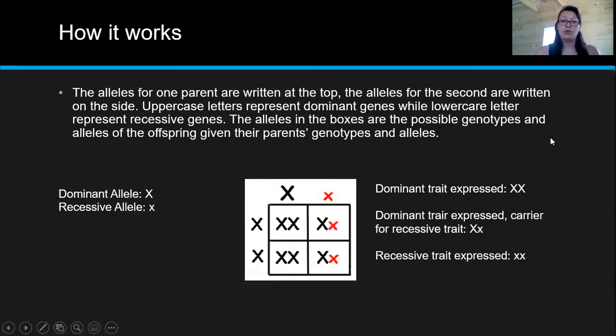So two uppercase letters are going to represent a dominant trait being expressed. An uppercase and a lowercase together means that the dominant trait is expressed, but they are a carrier for that recessive trait. And two lowercases means that the recessive trait is being expressed.